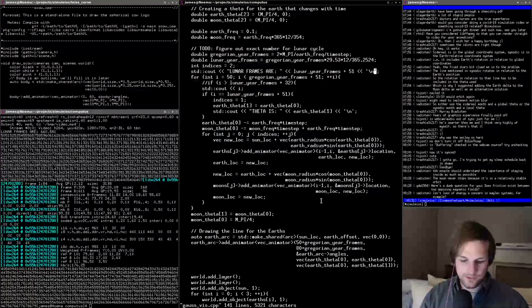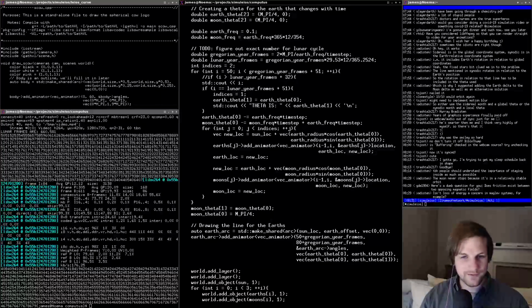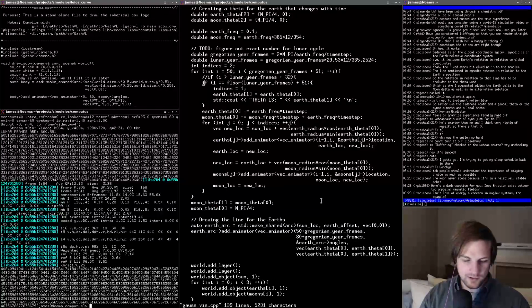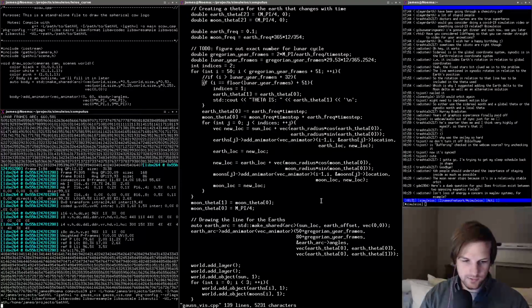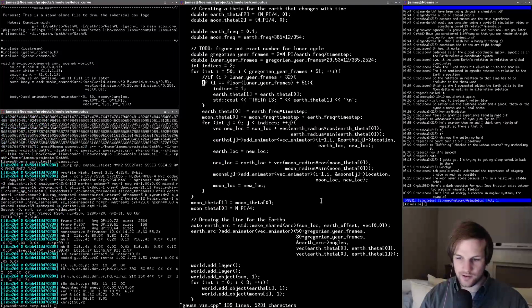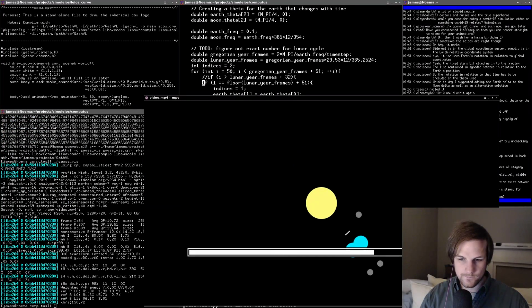I used floating point arithmetic because I wanted to be precise about it. But so let's do i is equal to the floor of lunar year frames plus 51. Okay. And now we're going to do g++ Gauss visualization. And this should, theta is, right, so we have a theta. So this should do something of an appropriate animation. Yep, there we go.